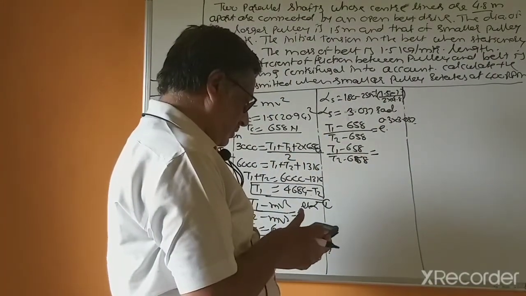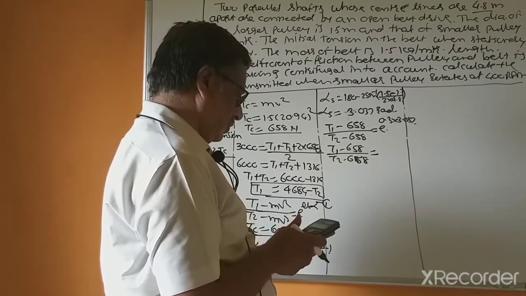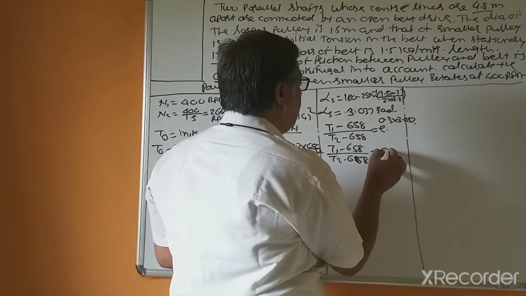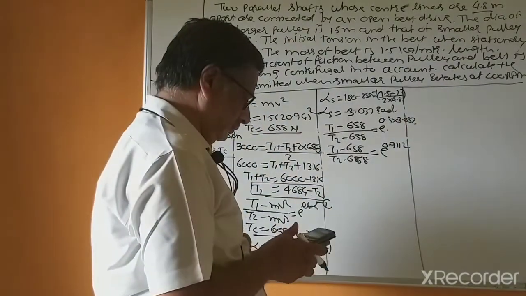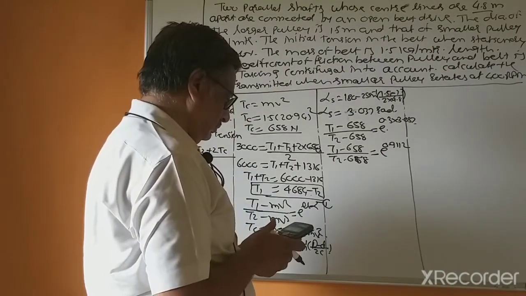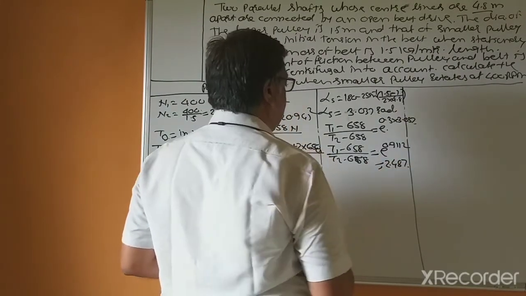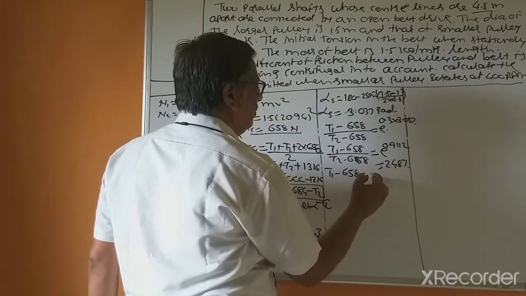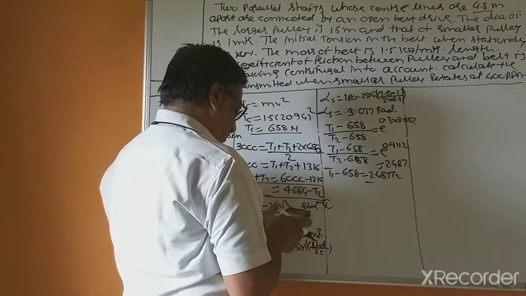0.3 times 3.037 gives 0.9112, and e to the power of that is 2.487. So that's why T1 minus 658 equal to 2.487 times (T2 minus 658).